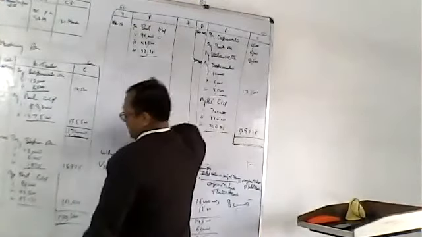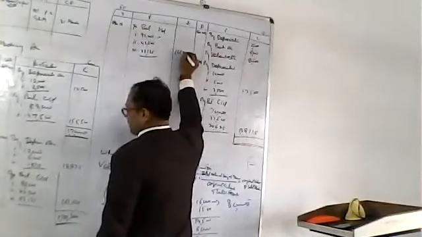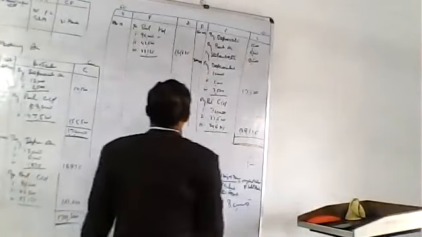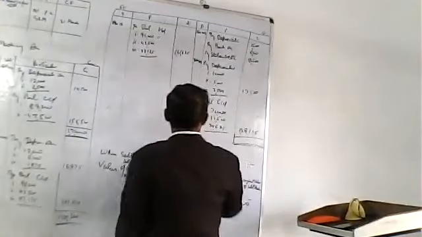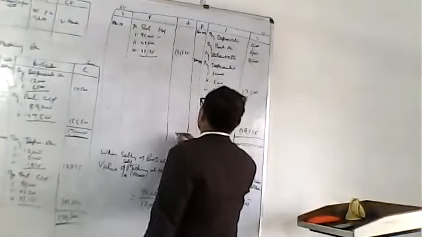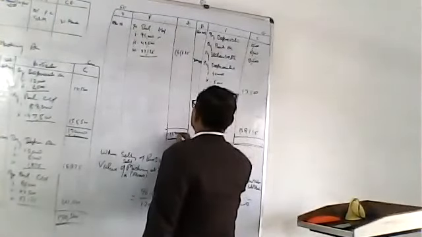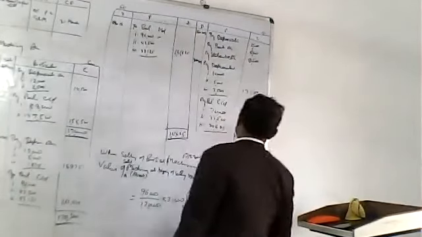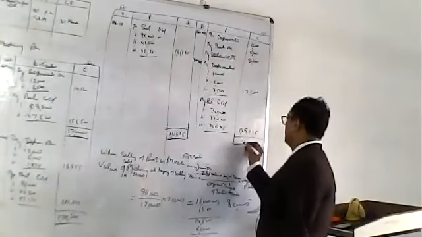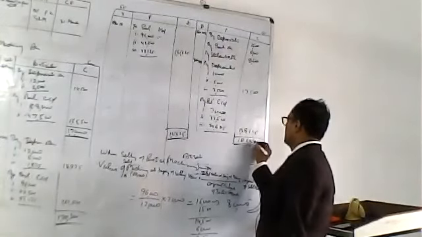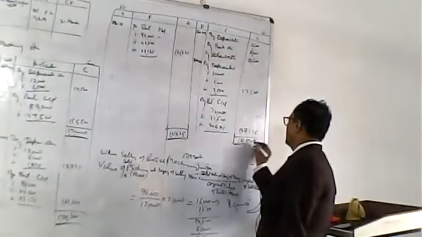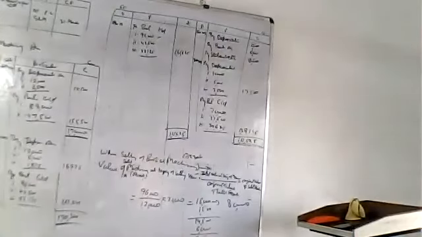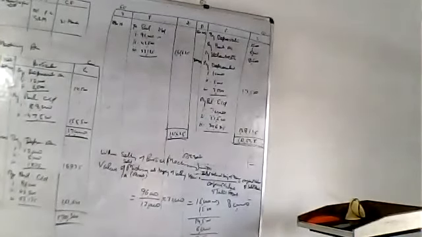And what was this balance? 1,61,625. And here is 1,61,625. Okay. By this way you shall do this question.